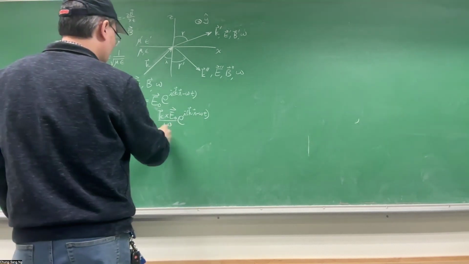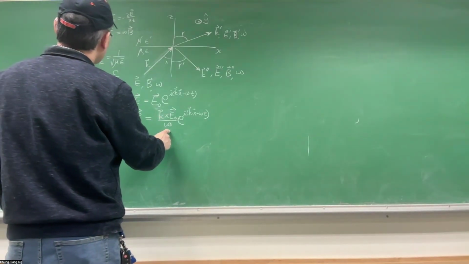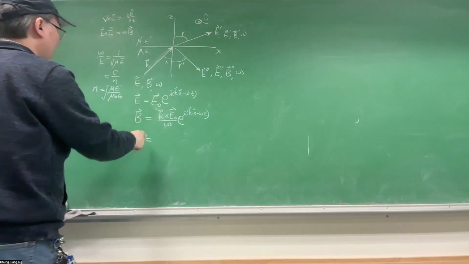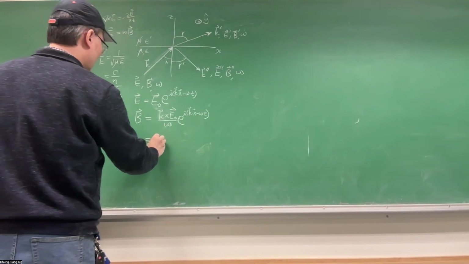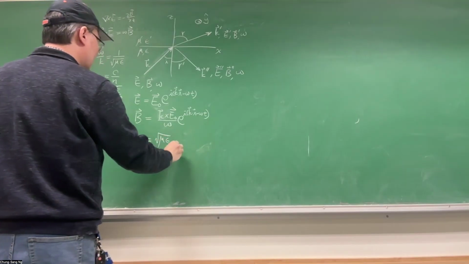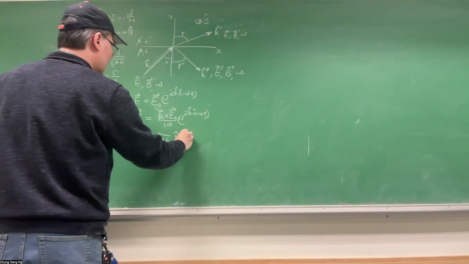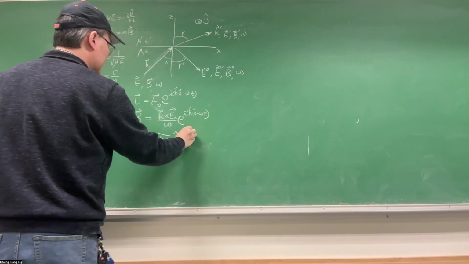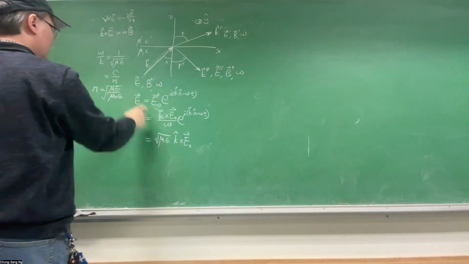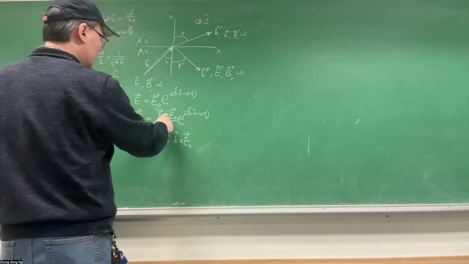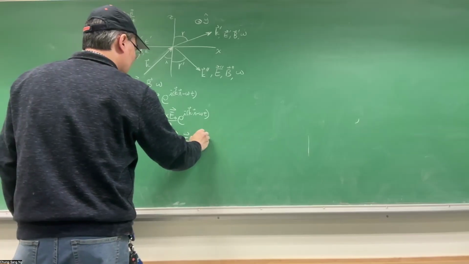The omega over K, you can write if you like. It doesn't have to be. This is K over omega, so you can write the square root of mu epsilon, and then write this as a unit vector, because the magnitude is K over omega, which is this one, and the rest is the unit vector times the same phase.